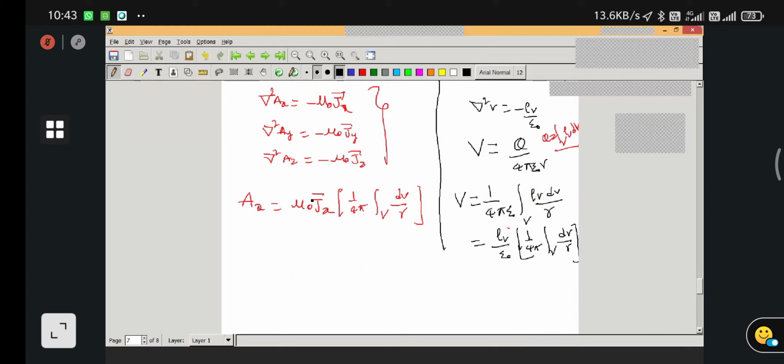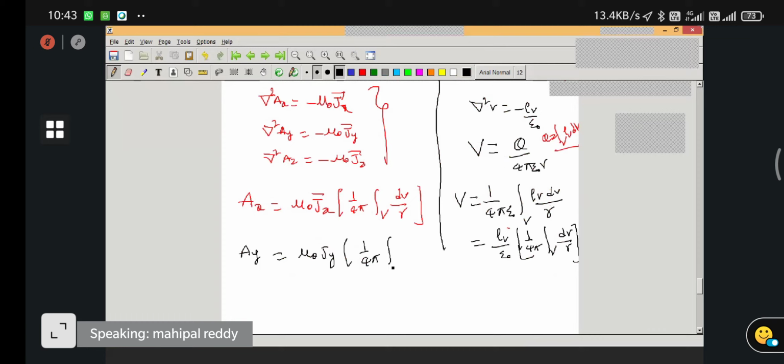Comparing, this is mu naught Jx. In the same way, Ay equals mu naught Jy, 1 by 4 pi, with the same volume integral, mu naught by 4 pi.